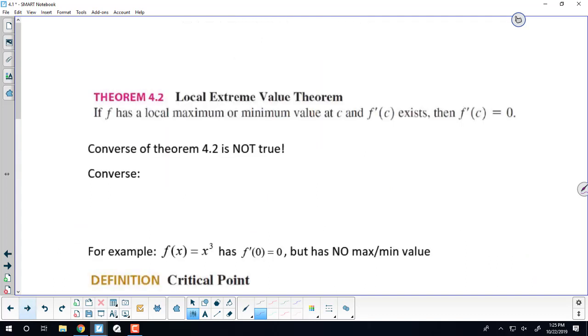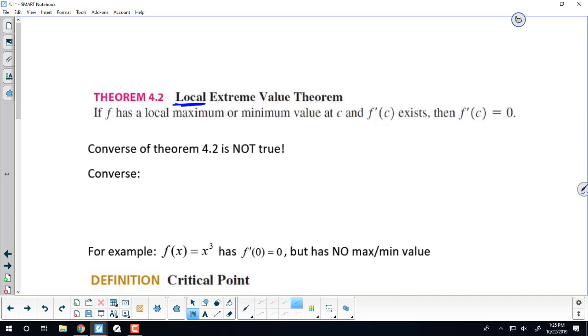Then just to add a little more to what we said about the first derivative being 0, here in Theorem 4.2, for the local extreme, remember Theorem 4.1 was the absolute or the global. Theorem 4.1 was the extreme value theorem. Here is more specific because we're talking about the local maximums or minimums.